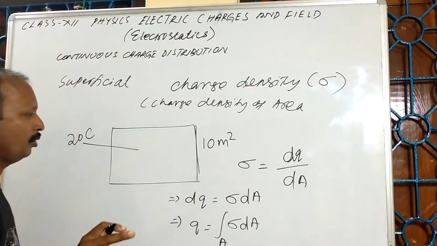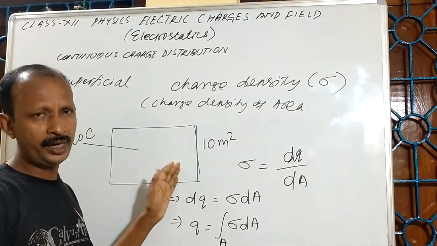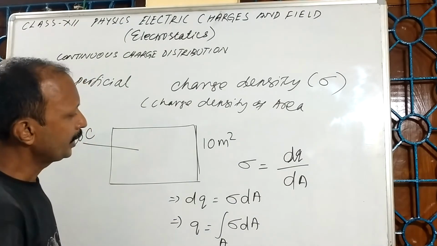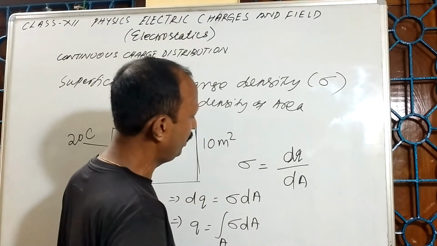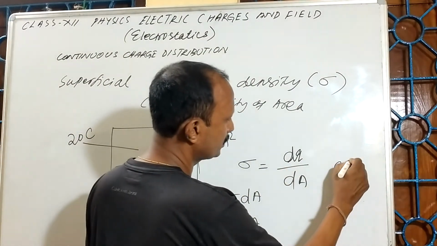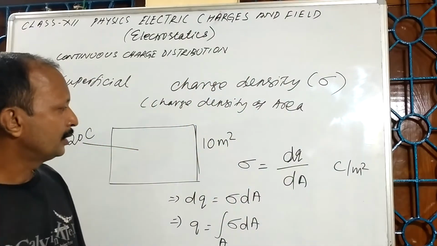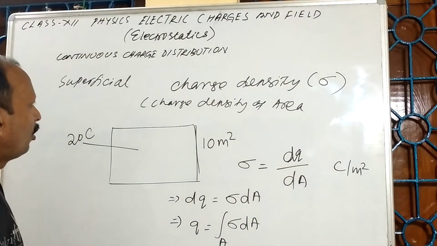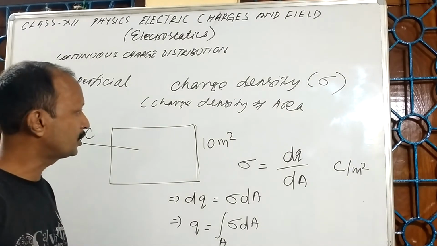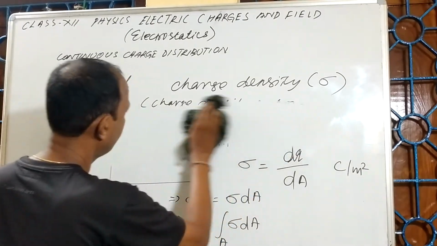So I have to calculate the charge present in unit area. So its SI unit will be coulomb per square meter, since charge is in coulomb and area is in square meter. This is about the superficial charge density or charge density of an area.